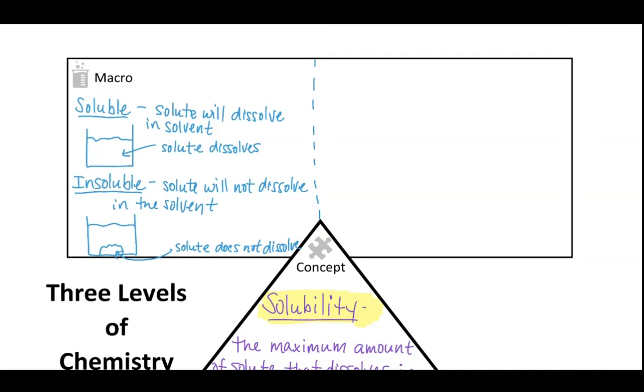We also want to talk about saturated versus unsaturated. When we look at these at the macroscopic level, we really can actually deal with this in the lab. So if we're given an unknown solution, and we add more solute, one of two things is going to happen.